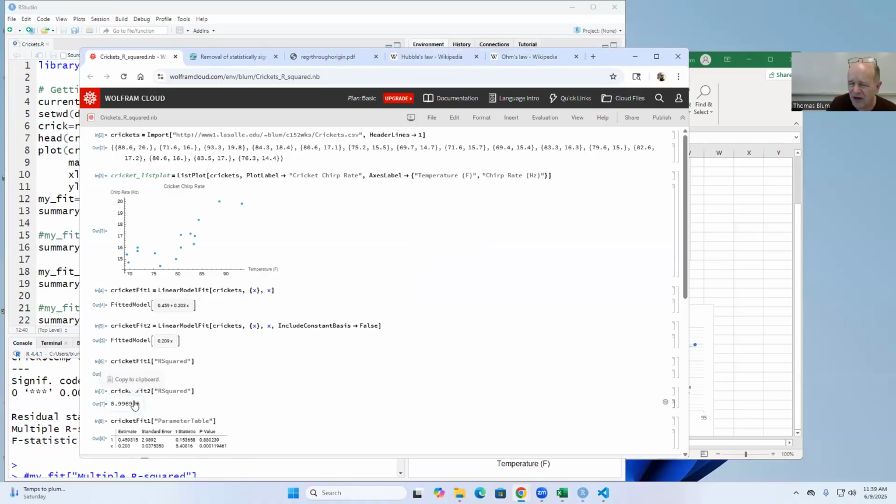So whatever Excel is doing, R is doing, and Mathematica, Wolfram Cloud, is also doing.